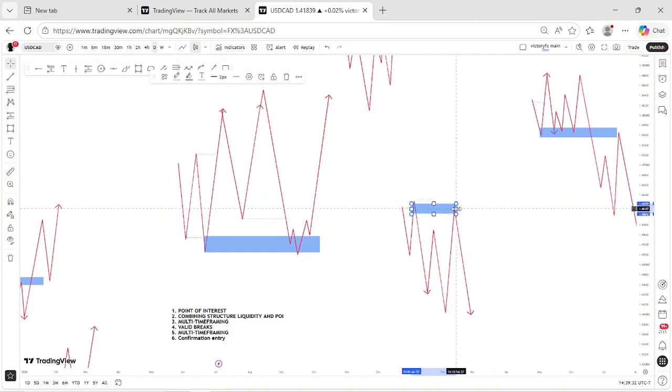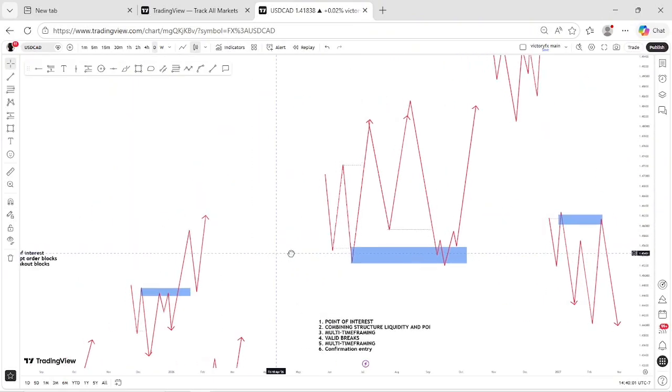Multi-time framing shows you how you do your top-down analysis to know the time frame used for your analysis, to know the direction of the market and to trade in line with the direction of the market. That's what multi-time framing helps you do. It helps you know the overall direction of the market and then you trade in line with it.